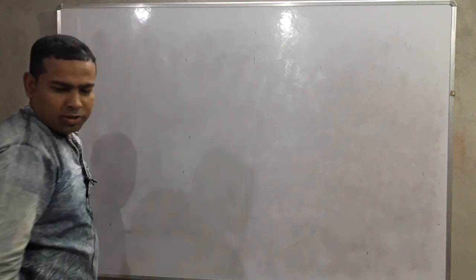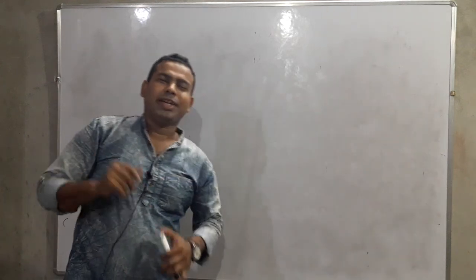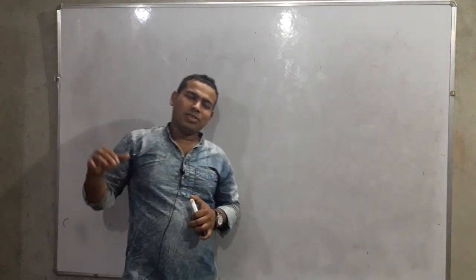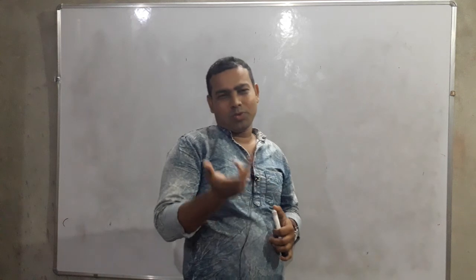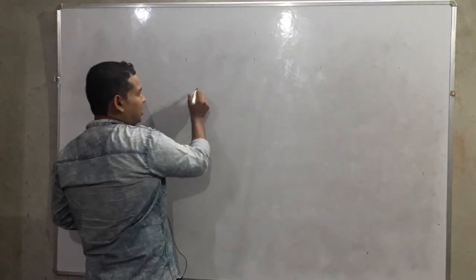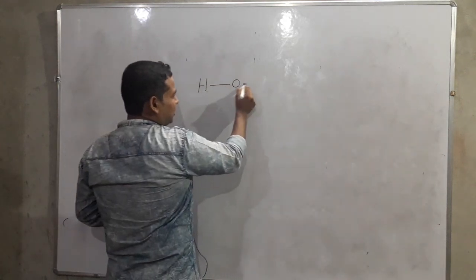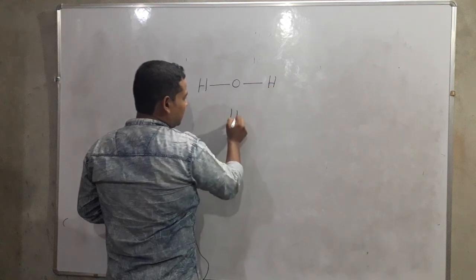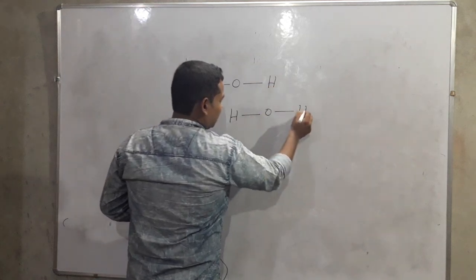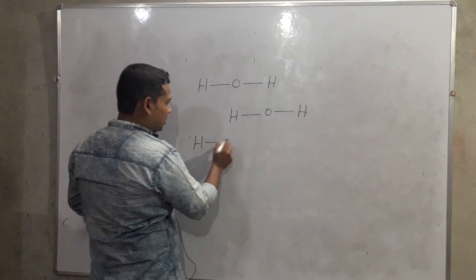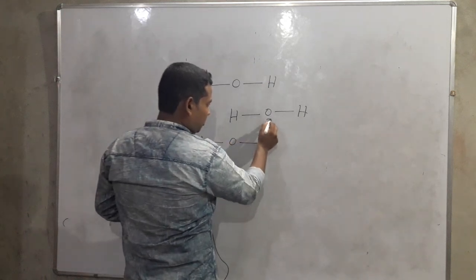Ice floats on the water surface. Why? Ice always floats on the water surface. Why? Actually, if you consider H2O molecule, so hydrogen bond is there.